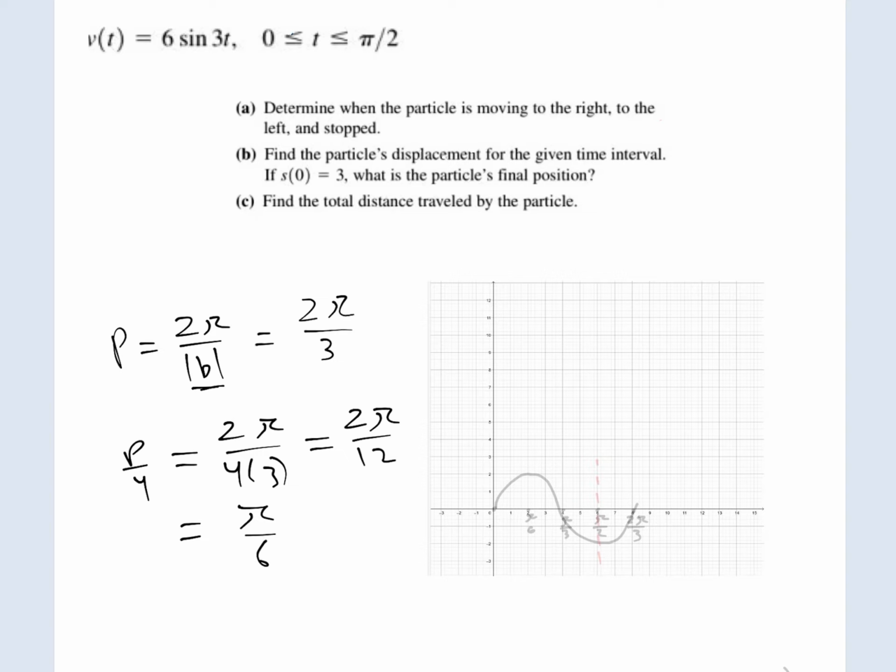After dividing the period by 4, we can plot the points on the graph. As we know, the sine function crosses at 0, 0, and then pi over 6, then pi over 3, then pi over 2, then 2 pi over 3.